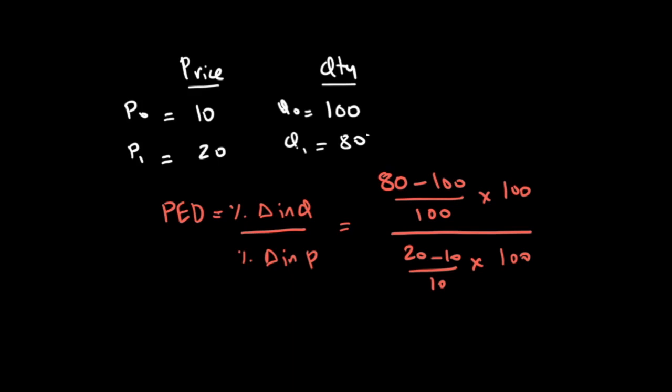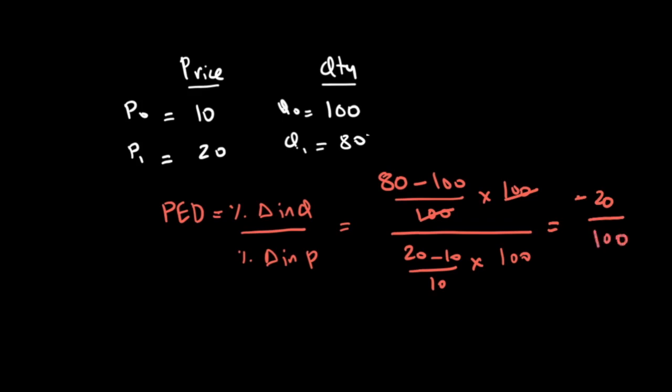So in the numerator I have 80 minus 100, which is minus 20, and I can cancel the 100s, so that's minus 20 over, and in this case 20 minus 10 is 10 over 10, which would mean 100.